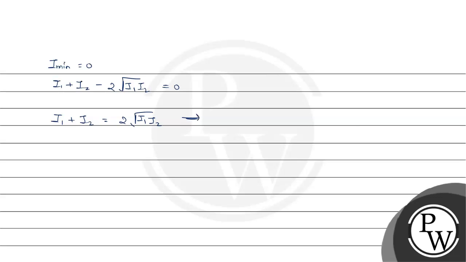Squaring both sides, what do we get? We get I1 square plus I2 square plus 2I1 into I2 minus 4I1 into I2 is equal to 0. From here we can see that I1 square plus I2 square, not plus, it is minus.